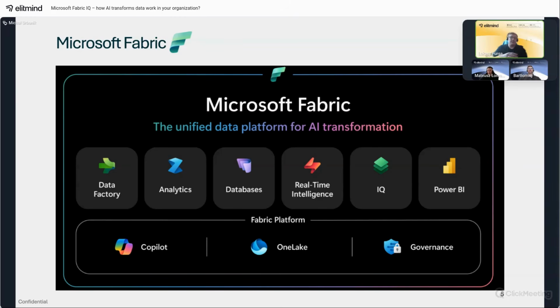What are the areas that basically build us the Fabric as a platform, as a unified end-to-end data platform? The first workload is Power BI, because at the beginning there was only Power BI, and then Power BI became a part of Microsoft Fabric.